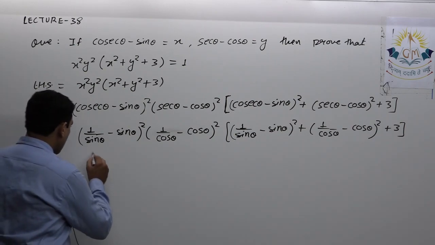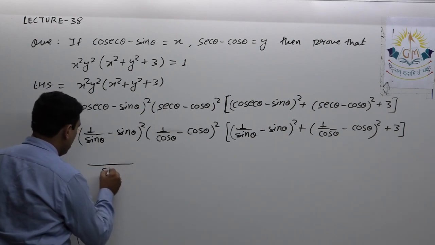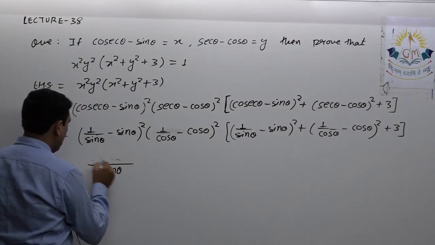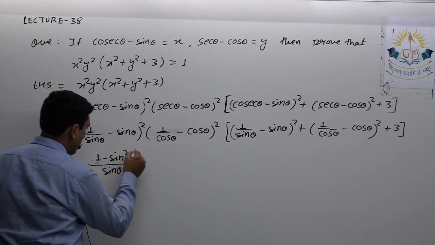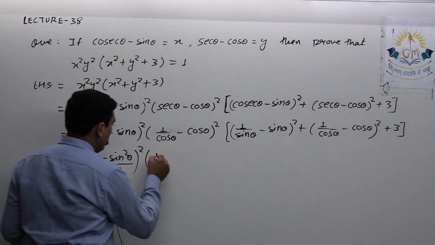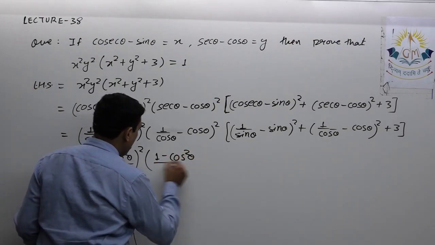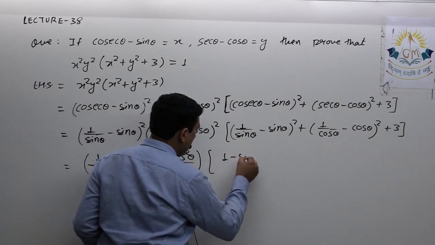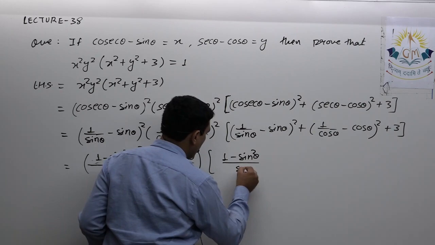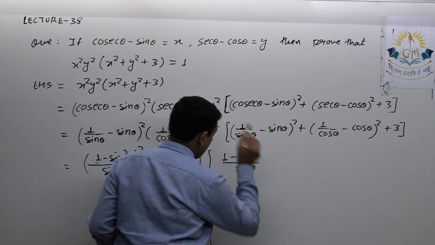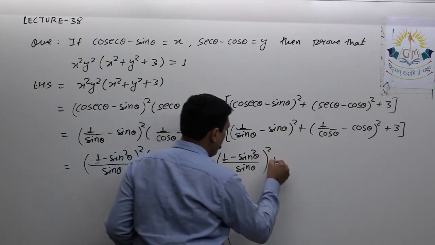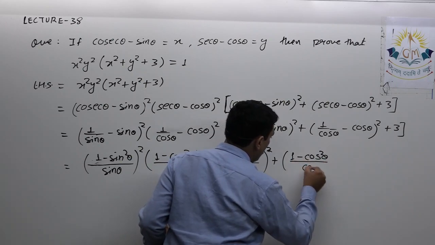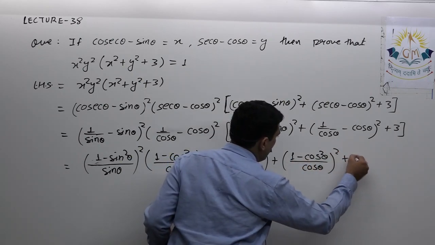So here, before I apply the identity, I will take the LCM. So here I will get sine theta, here 1 minus sine square theta whole square, over here 1 minus cos square theta upon cos theta, here 1 minus sine square theta upon sine theta whole square plus 1 minus cos square theta upon cos theta whole square plus 3.